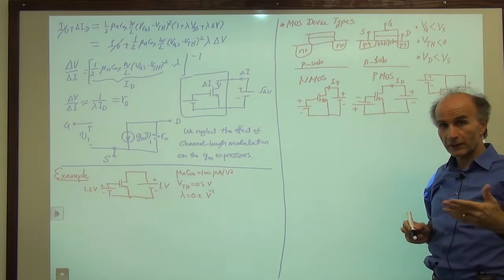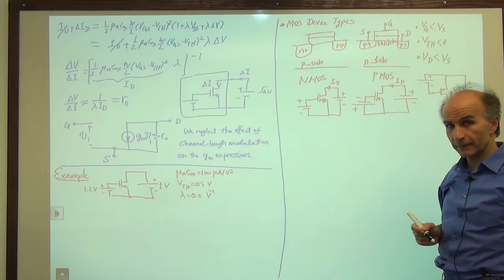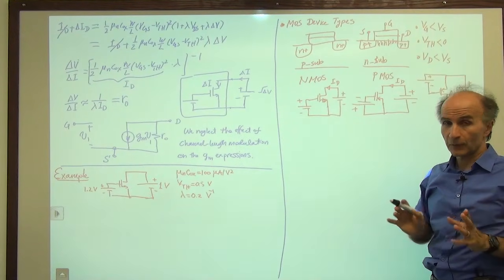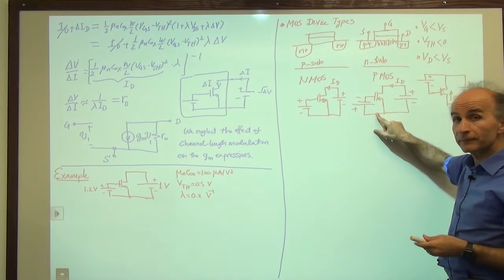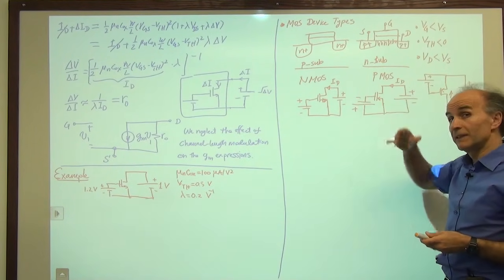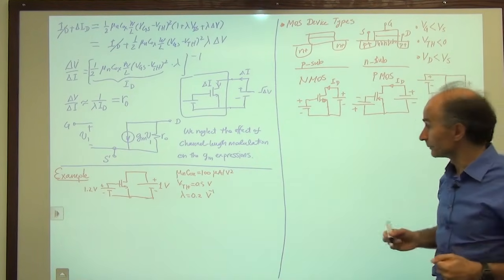Okay, so let's try to write the current equations for the PMOS device. Here we have to be careful not to get confused with various polarities. VGS is negative, VDS is negative, VTH is negative, so all of those have to be carefully included.